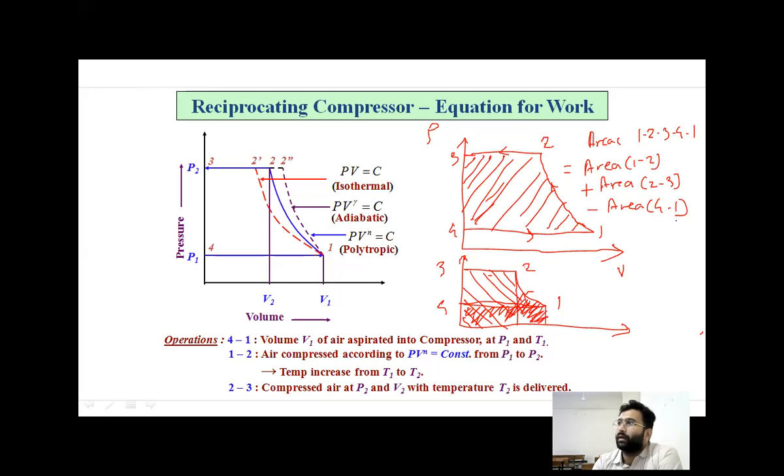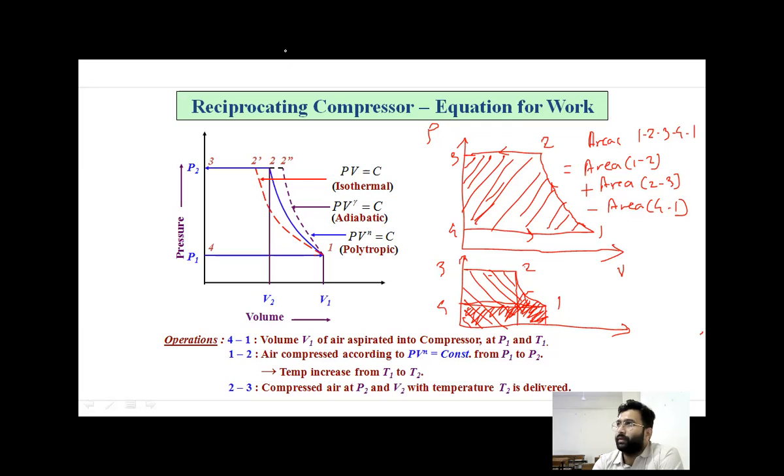Now the area under 1 to 2 is a polytropic process. The formula for 1 to 2 is (P1 V1 minus P2 V2) divided by (n minus 1).